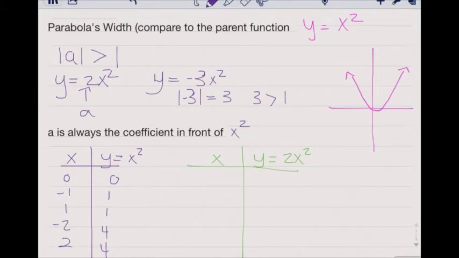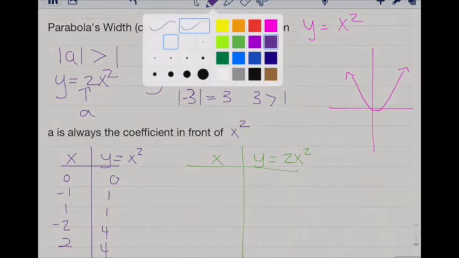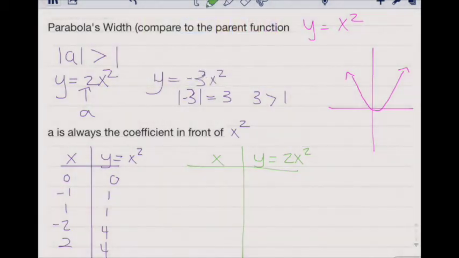You can check this out in your calculator if you're not 100% certain of your skills in doing squaring in your head. Now to go to the next case, I'm going to use the same set of x values, 0, negative 1, 1, negative 2, and 2. But now I've got this little extra bit that I have to consider.